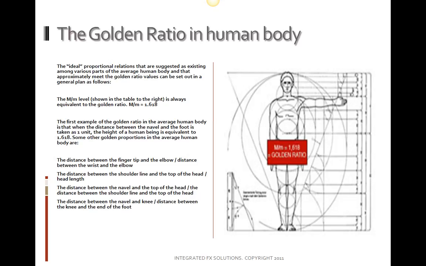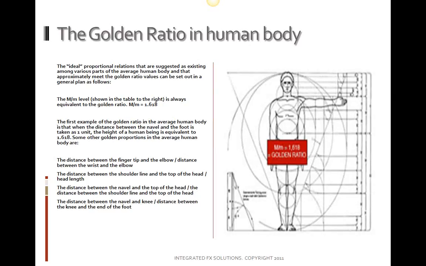Some other golden proportions in the average human body are the distance between the fingertip and the elbow divided by the distance between the wrist and the elbow, which will give 1.618. You can take a measuring tape and confirm this. The distance between the shoulder line and the top of the head divided by the head distance will give 1.618. Amazing discovery. The distance between the navel and the top of the head divided by the distance between the shoulder line and the top of the head would give 1.618.